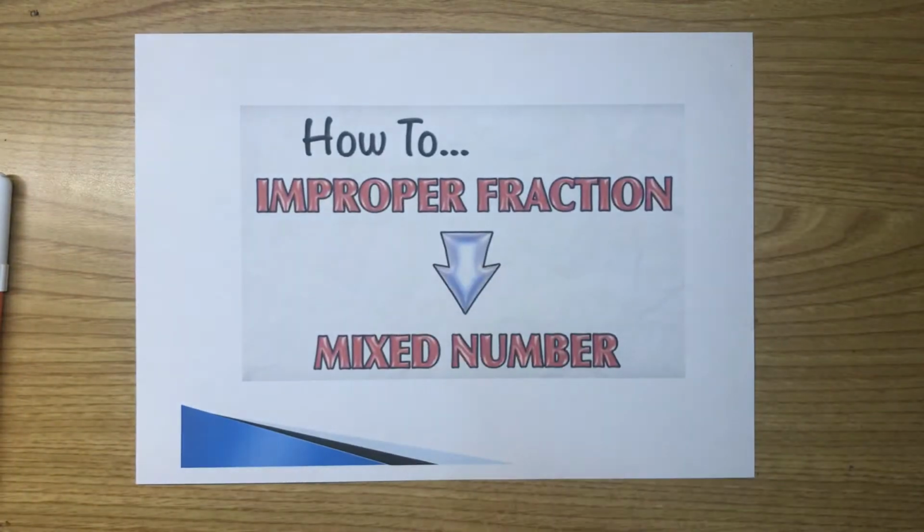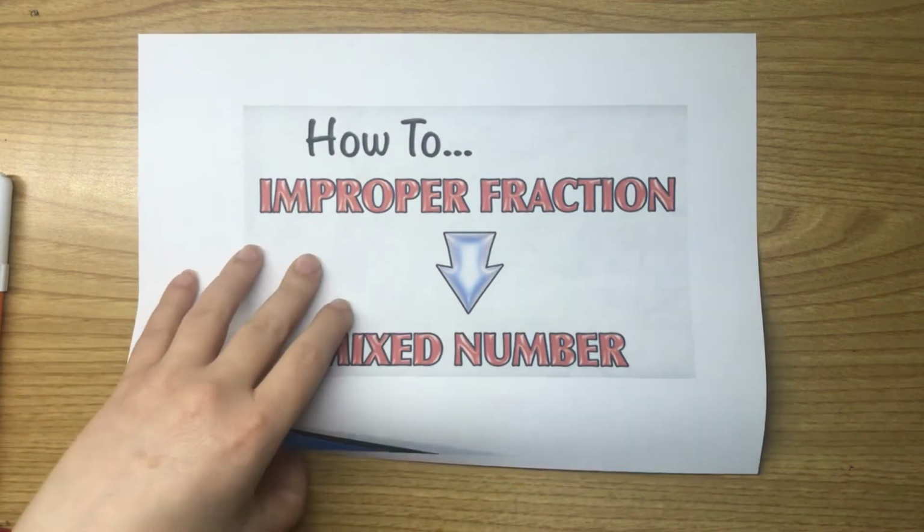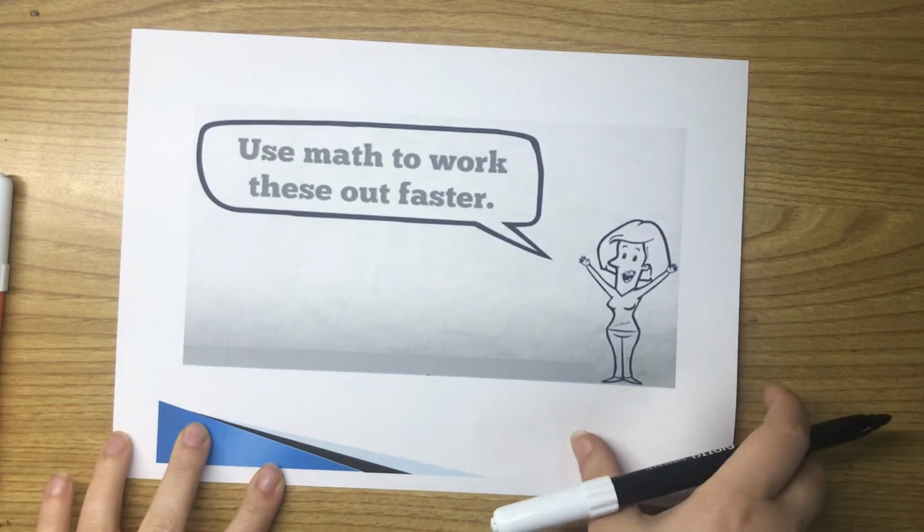Back to how to change an improper fraction into a mixed number, or vice versa, using math work. Okay, so we are going to use math to work these out faster than drawing diagrams.